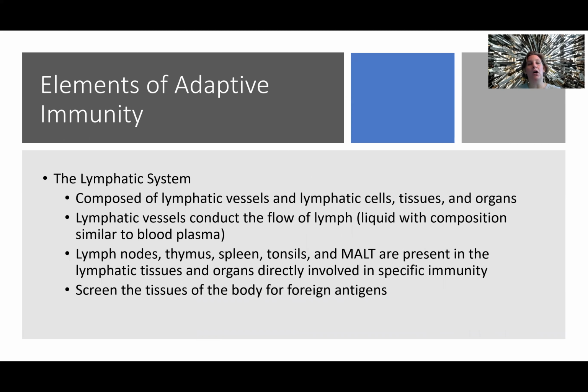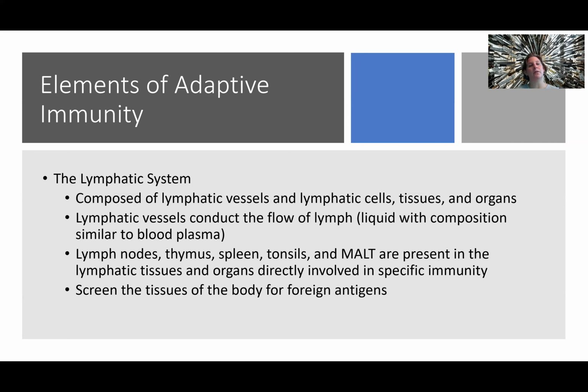One part of our adaptive immune system is the lymphatic system, which if you've taken A&P, you should know that we have a system of vessels that pick up lymph, which is basically the same as our blood plasma. And we also have lymph nodes. So this is a one-way system that goes from basically our tissues back to the vena cava right before blood enters the heart.